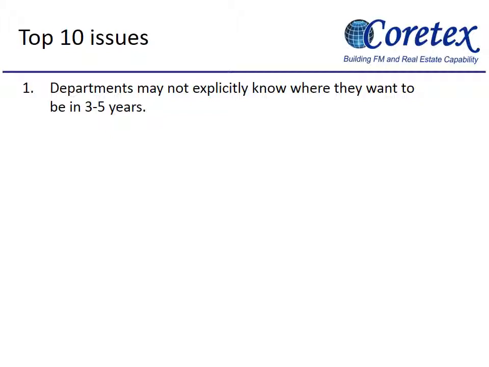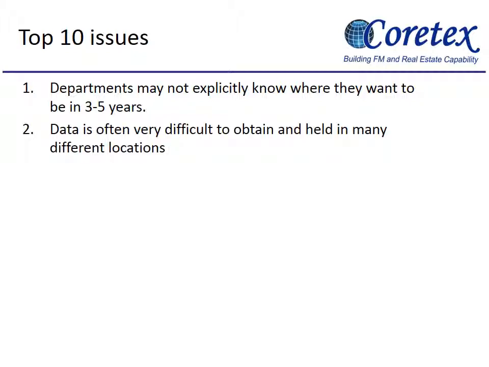So, first of all, departments may not explicitly know where they want to be in 3 to 5 years' time, and we mentioned that earlier, and it really takes a while to have a conversation about, okay, if you can't say 3 years, what about 2 years, and try and build a picture of where you're going. You'll find that departments know a lot more than originally that they're going to let you know. You may not have explicitly thought about it for a while.